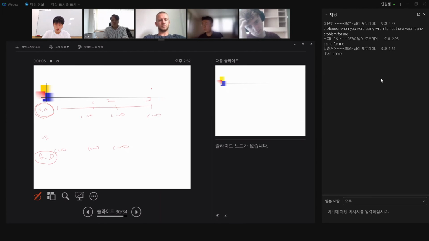Let's take a look at the future value of an annuity first. If we are in year 3, then the 100 that we receive at year 3 is 100 as of year 3. This 100 is 100 times 1.1, and this 100 is 100 times 1.1 squared, right? That is the ordinary annuity as we did. How about the annuity due?